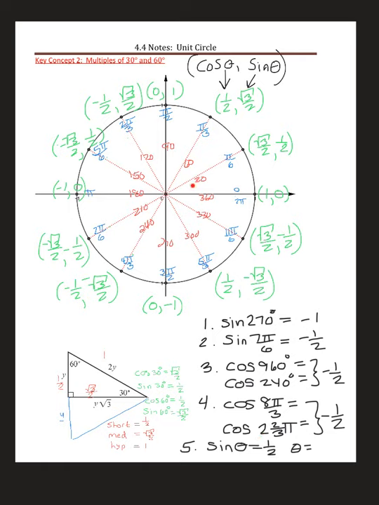So we've got 30 degrees here, as well as 150 degrees. So if I wanted you to give me the answer in degrees, you would say 30 and 150. Or if I said give me the answer in radians, you would say pi over 6 and 5 pi over 6.